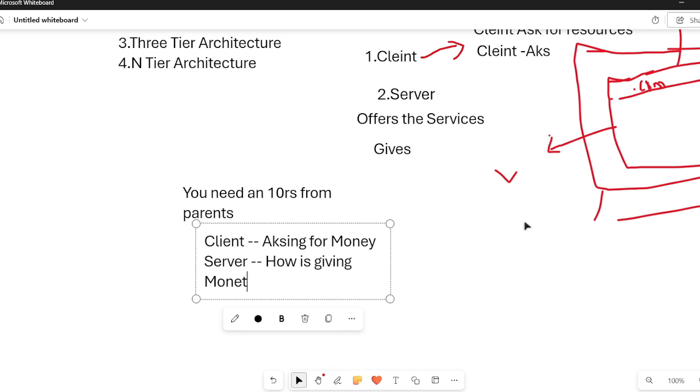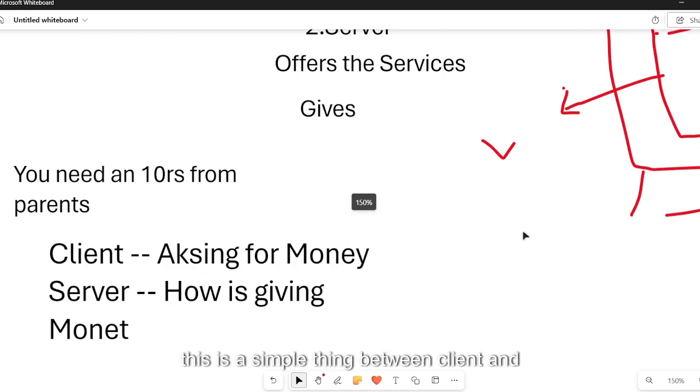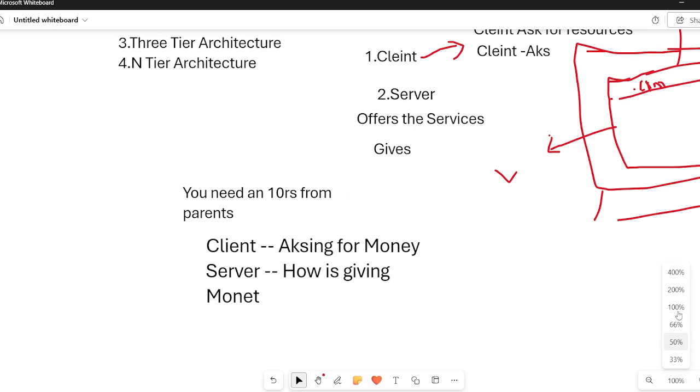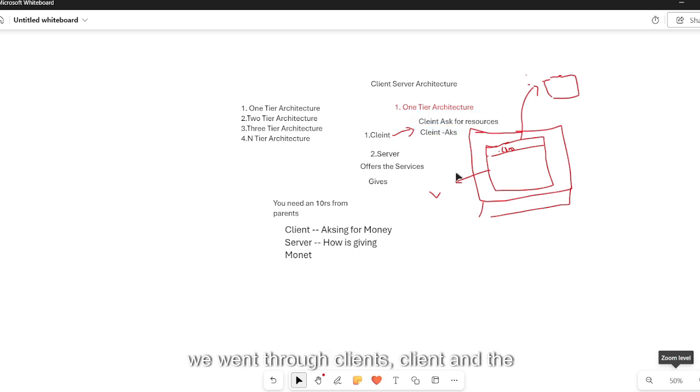So this is the simple thing between client and server. We went through client and server.